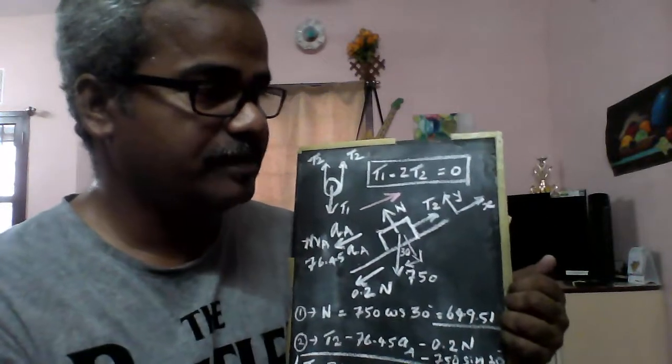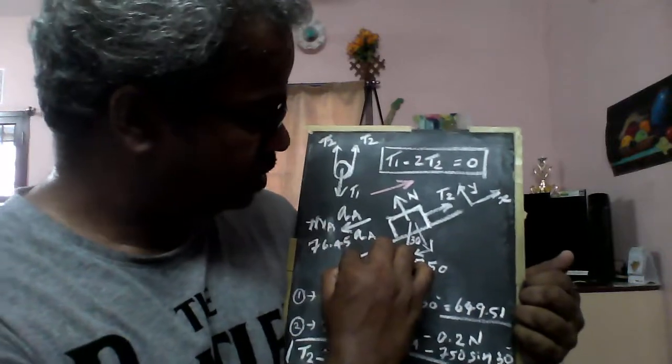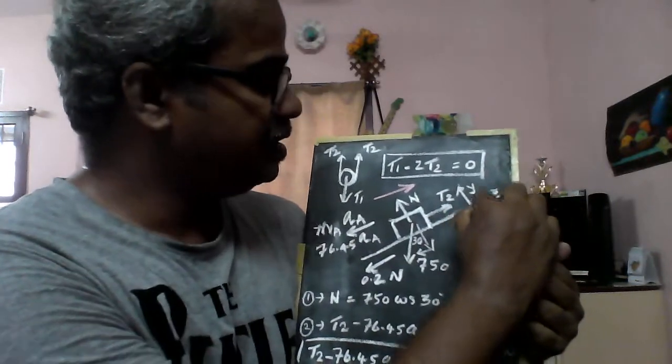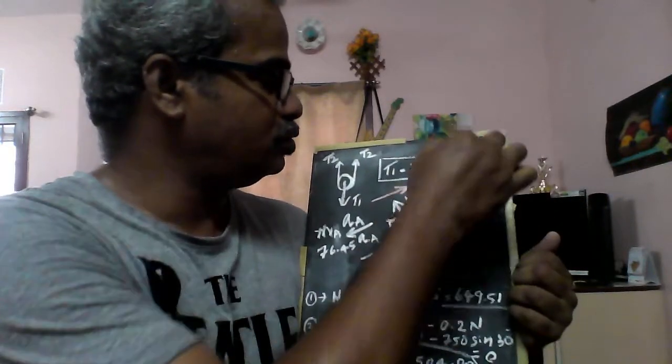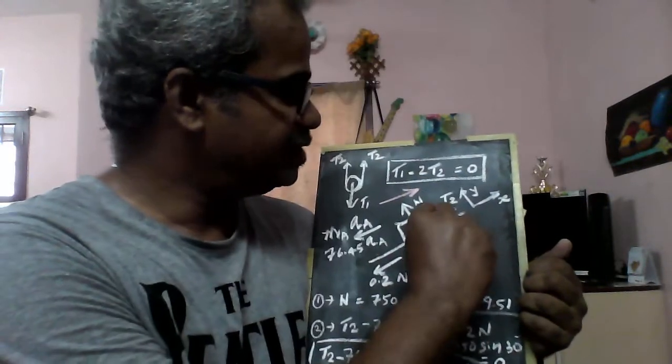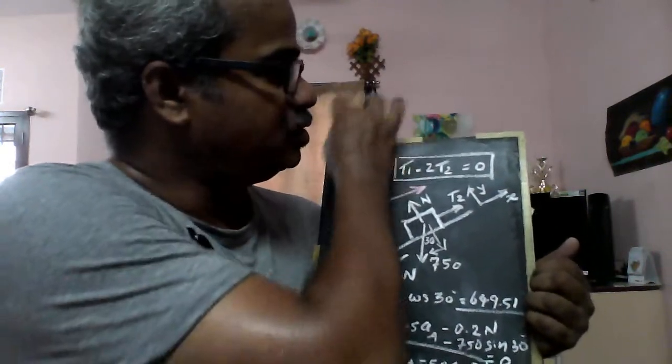Then coming to the body A. Body A is on an inclined plane. So the inclined line is the x-axis, perpendicular to that is the y-axis, and there will be a tension from body B, that is T2. This T2 will be acting through the pulley.